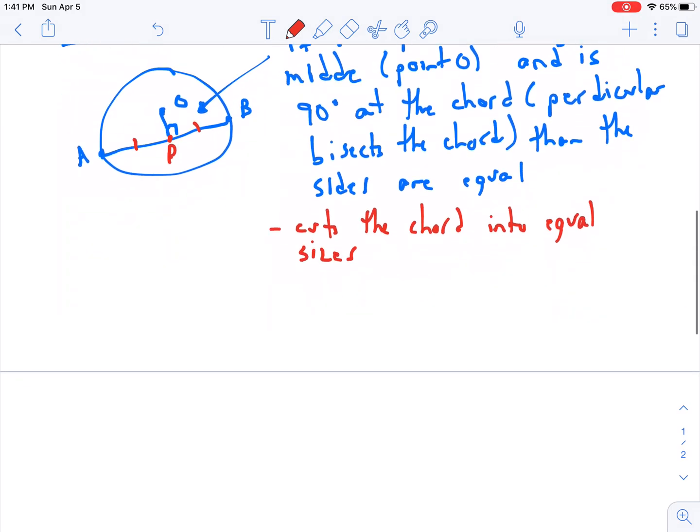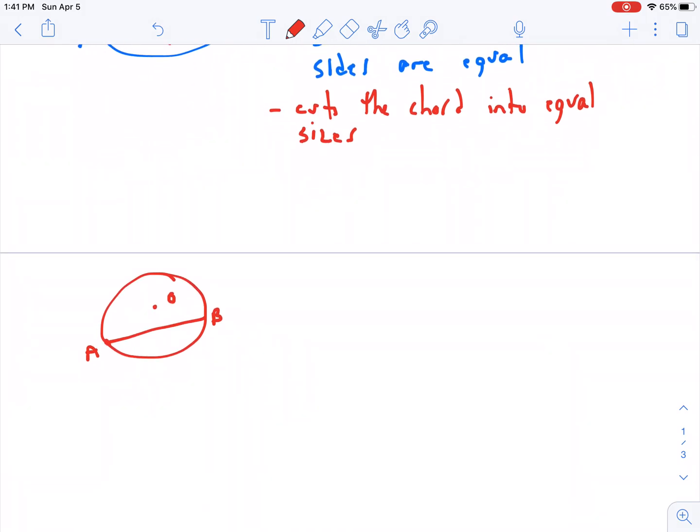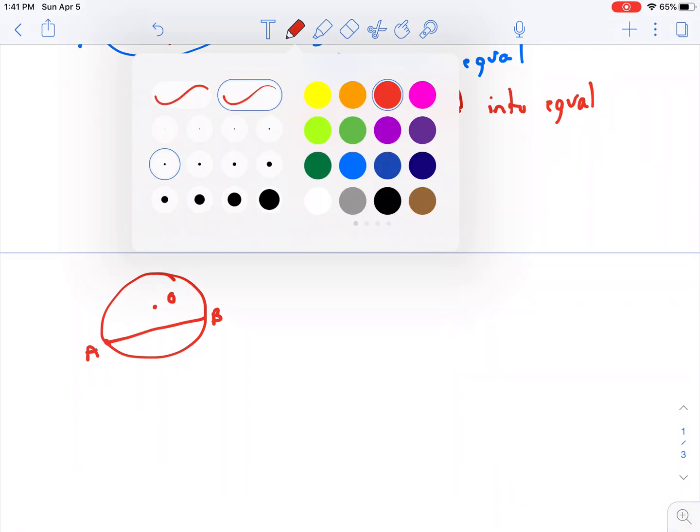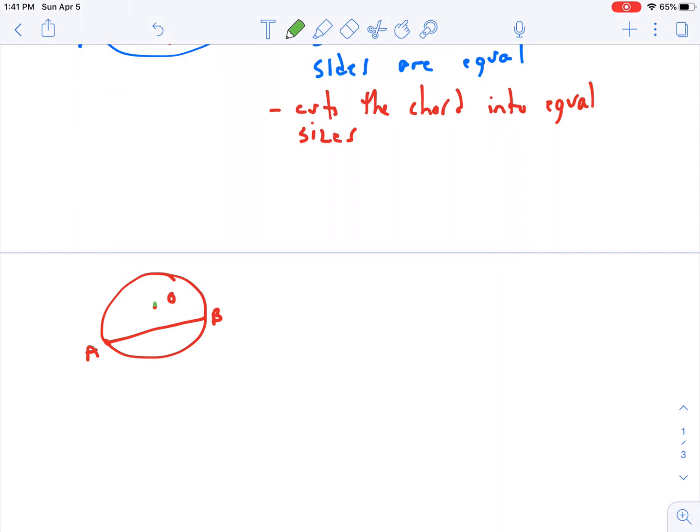Because I can also look at a picture like this, whereas if I had a circle and I had a chord running through it, and I told you this is chord AB, and this is point O, the origin, or the middle of my circle, I could measure two things. I could draw a line down, a line that's coming from the origin, and it strikes there. And I'm not going to tell you that it's at 90 degrees, but I am going to tell you that both of these line lengths are the same length.